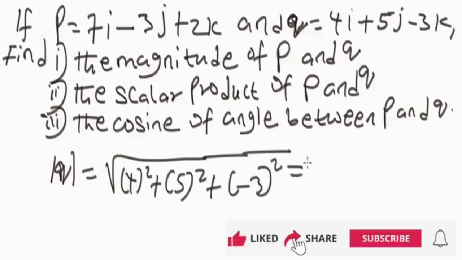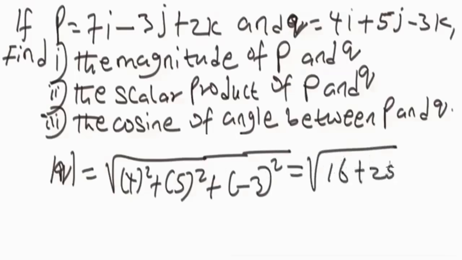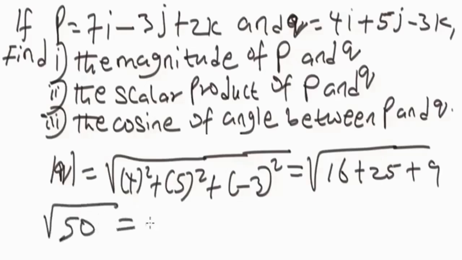If you simplify, you're going to have the square root of 4 square is 16, plus 5 square is 25, plus -3 square, which is 9. So when you simplify, you're going to have the square root of 50, which gives us 7.07. So this will be the magnitude of vector Q. It's as simple as that, guys.